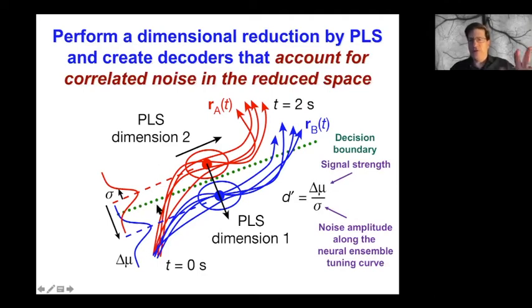So now, as opposed to the prior plot, the 2 dimensions that I'm showing are those that are the products of the PLS analysis. So here you should imagine that at time equals 0, the stimulus has not yet been shown. One of the two stimuli can be presented on the monitor, and then the ensemble dynamics may take different paths as it develops, as the neurons respond.